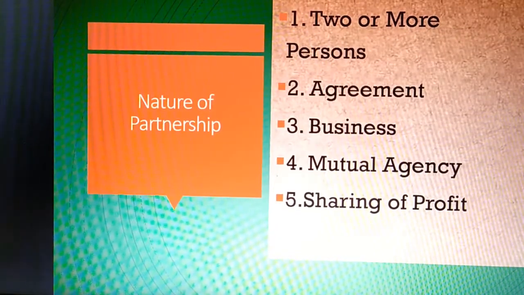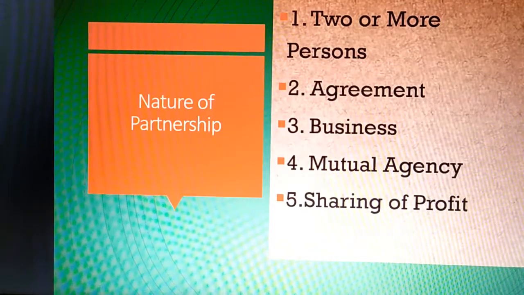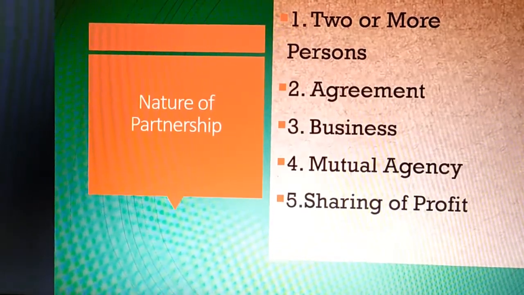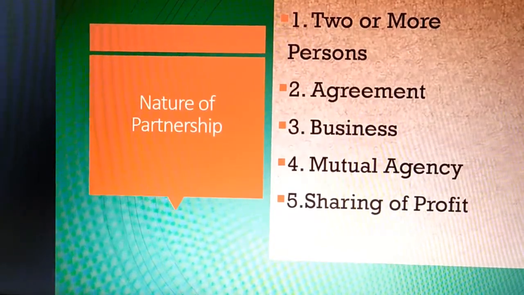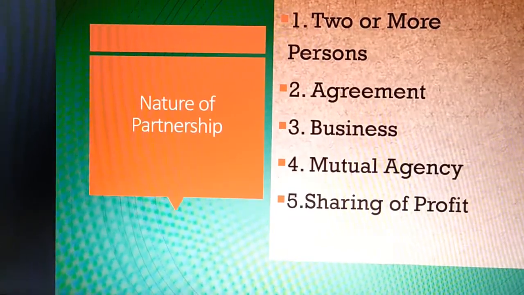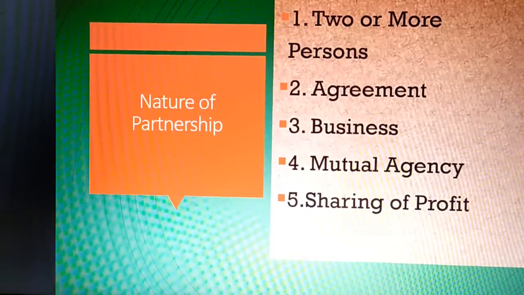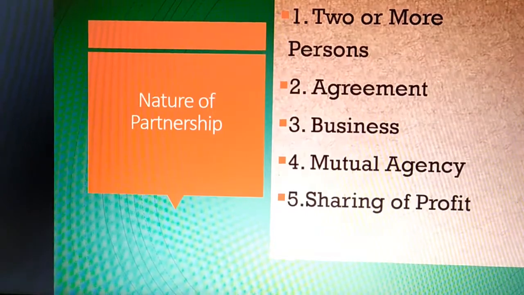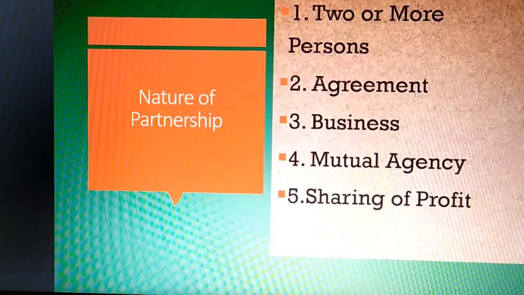Also, the next feature of partnership is that when partners enter into the agreement, they form a mutual agency. That is, every partner is an agent of the firm. The business of the partnership will be carried on by all or any one of them acting for all.